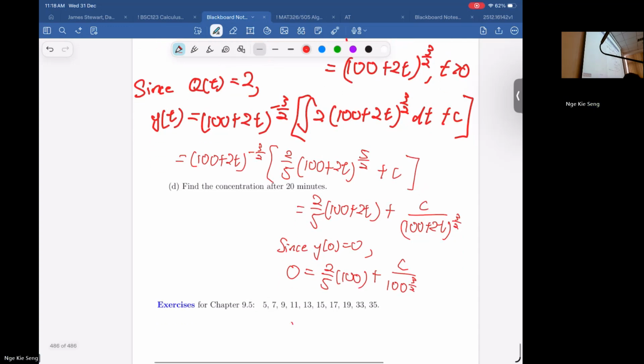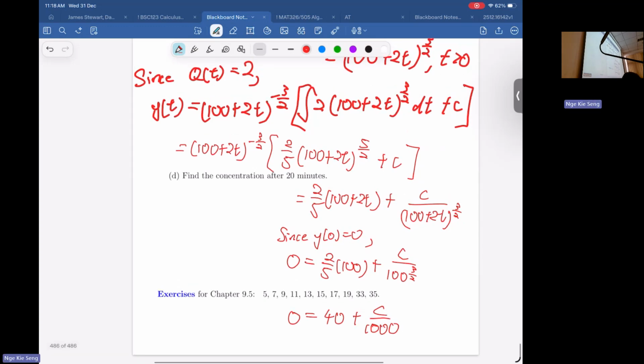So what's c then? 100 to the 3 over 2 is 1000, so c will be just equal to minus 40 divided by 1000, which is 0.04. Maybe it's minus 1 over 25.